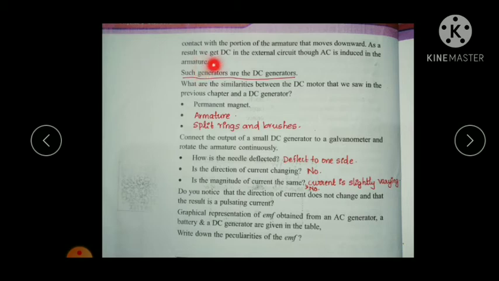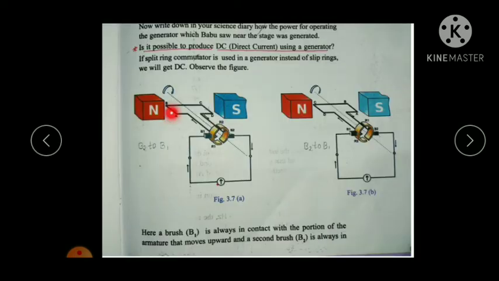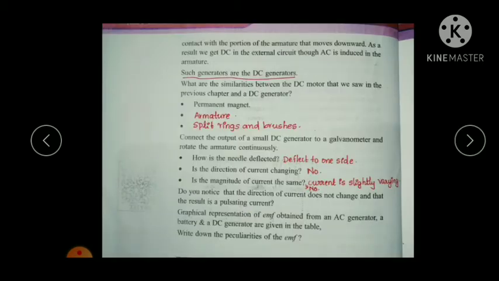As a result, we will get DC in the external circuit, though AC is induced in the armature. So here AC is induced in the armature, while in the external circuit we will get DC. So such generators are called DC generator.